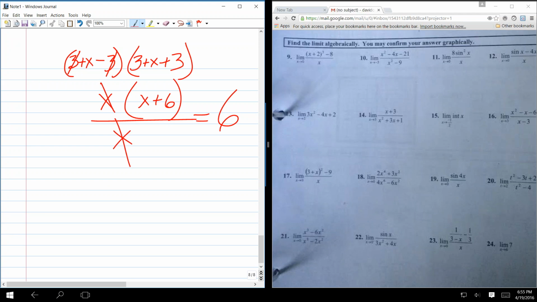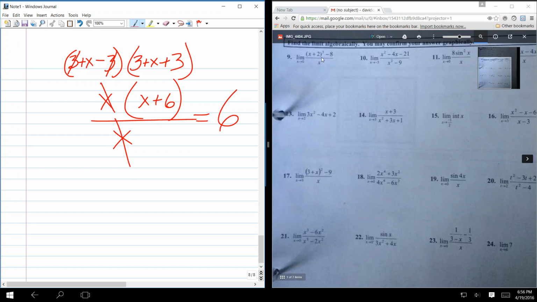Not sure I necessarily saved a step. It would have been just as easy to multiply that out, especially since I only have to square it. But if that was cubed, I can use difference of perfect cubes if it was appropriate. It wouldn't be if that's a 9, but if that was an 8, I could have used difference of perfect cubes on problem number 9.